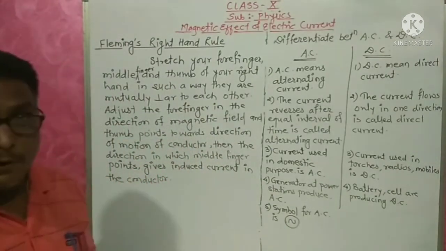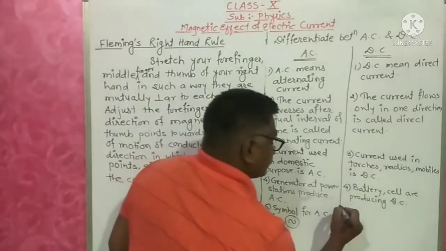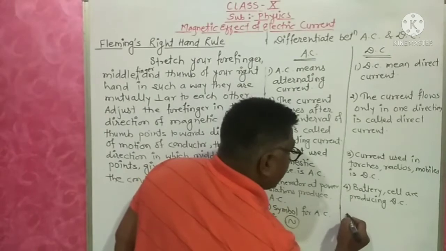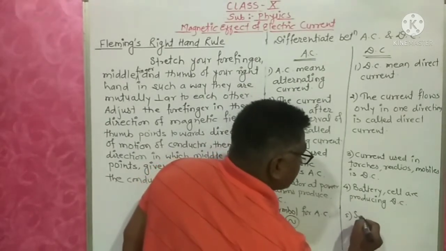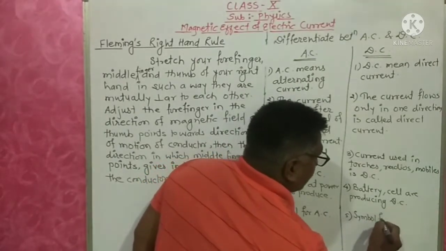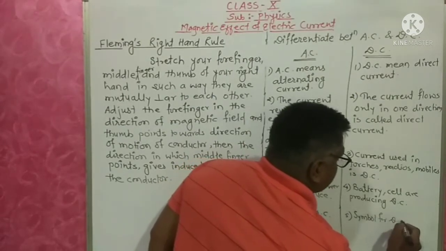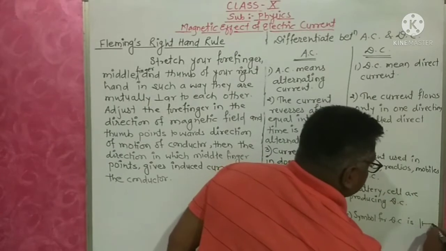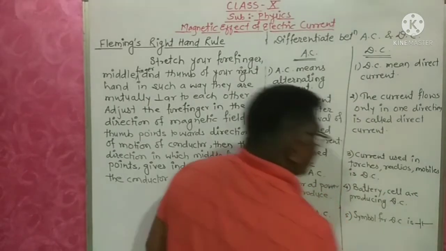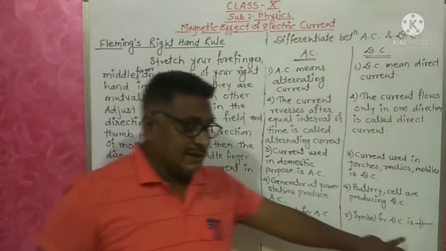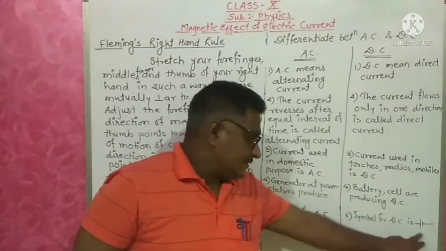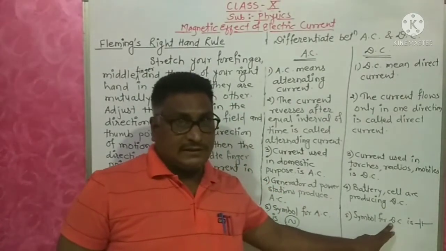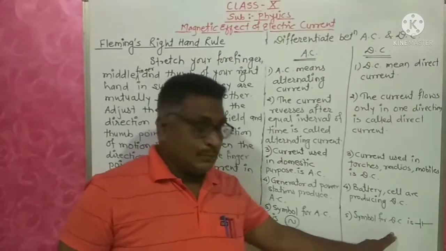This is the symbol of alternating current, and the symbol for DC, direct current, is this. Okay.